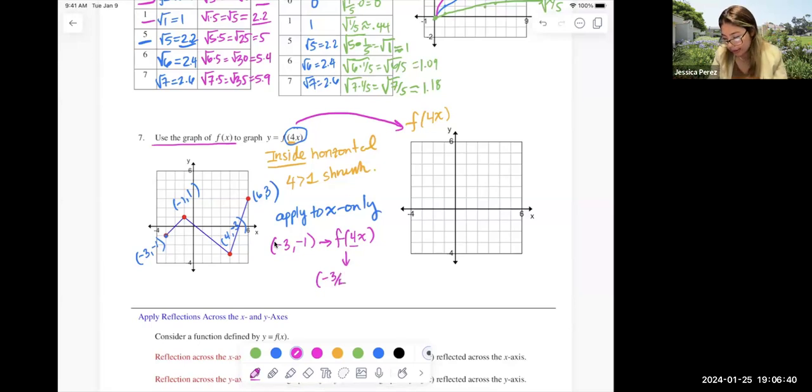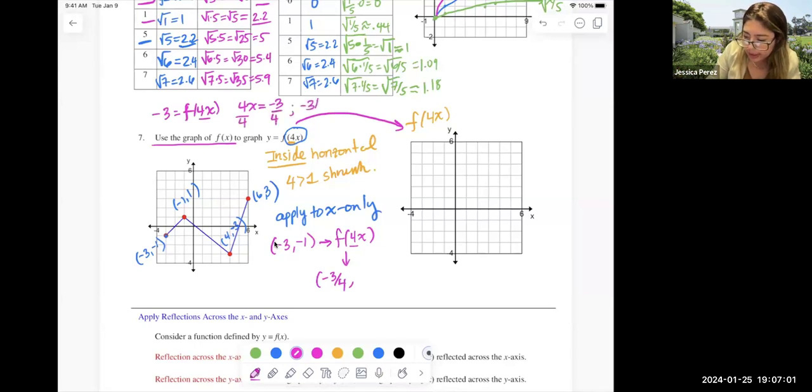Technically it's not multiplying by a factor of 4, but if we know that the value is -3 and we have f of 4x, it is as if we're solving 4x equals -3. So we divide, and this is how we get -3/4. Again, we're only applying it to the x value.